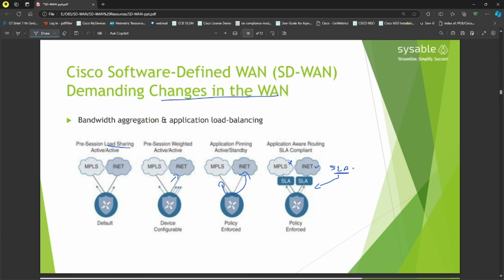You can say that whenever the internet is there, you prefer the internet. If a certain limit has been crossed, then you go to the MPLS. So you will define the SLA, and according to the SLA, you're telling your device to make a decision.